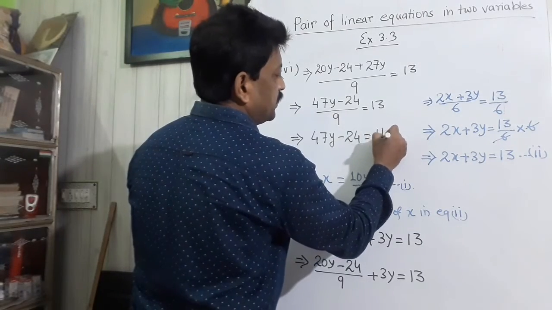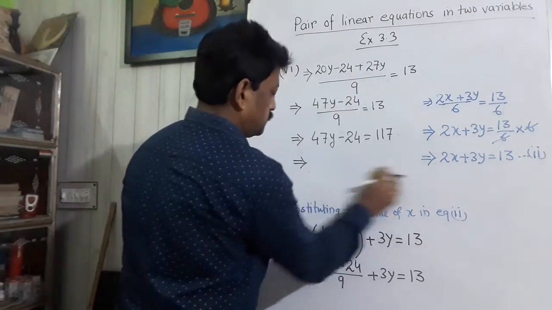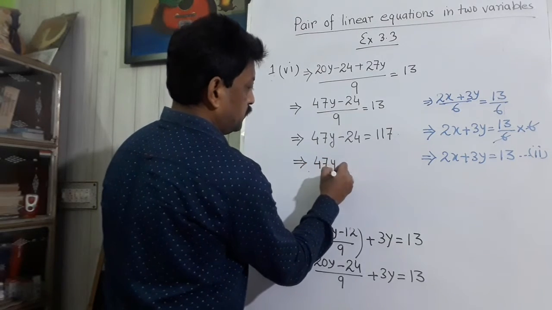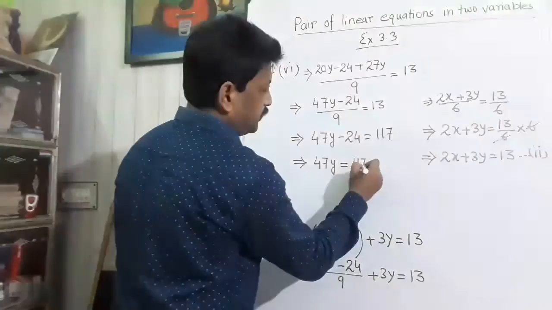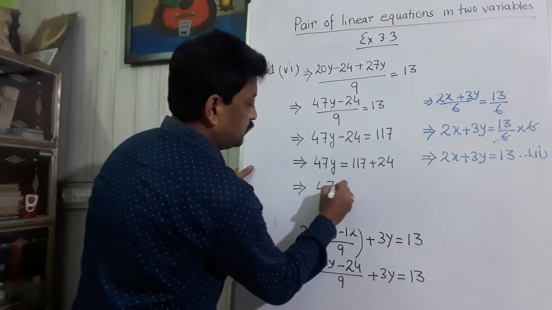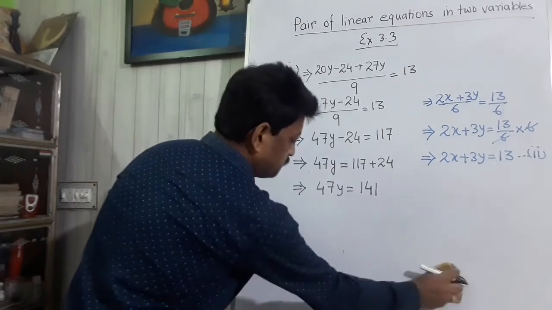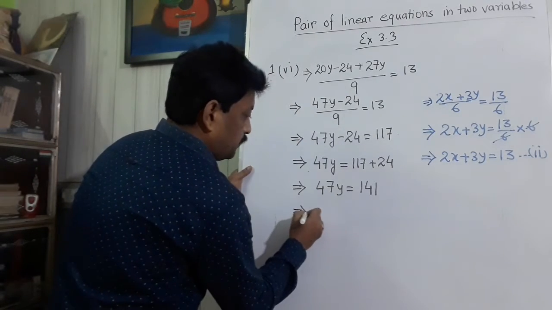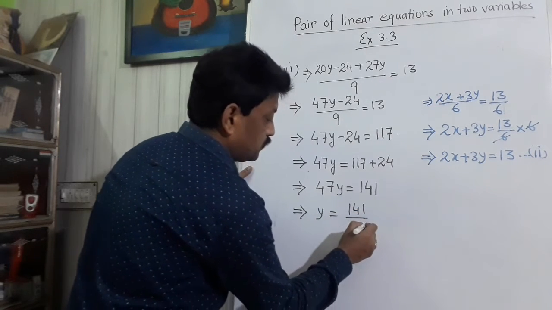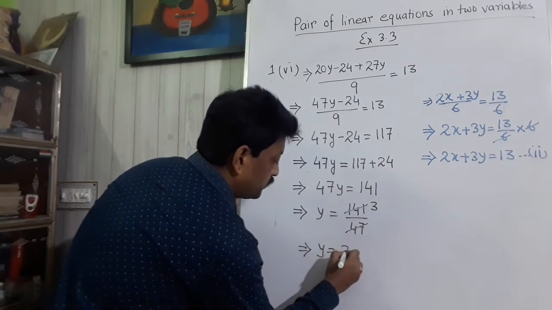So it will be 117, which implies 47y equals 117 plus 24, or 47y equals 141. So y equals 141 upon 47. So this will be cancelled, it will be 3. So we have got y equals 3.